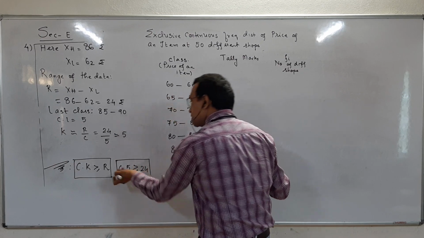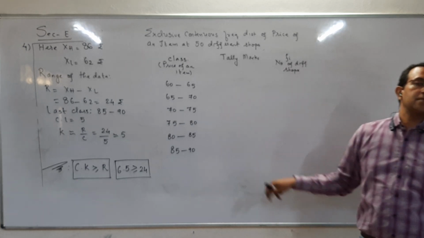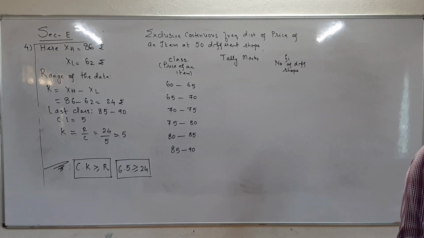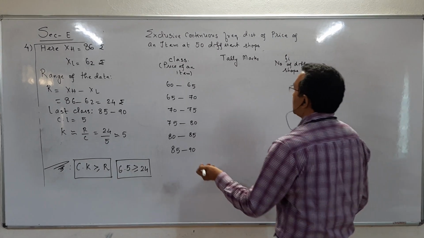So 30 is also greater than or equal to 24. Even if I have taken 5 classes, then also it is correct. But since in the sum they have given that the last class must be 85 to 90, that is why, students, we have taken 6 classes.